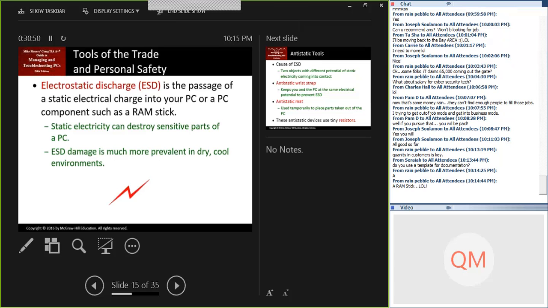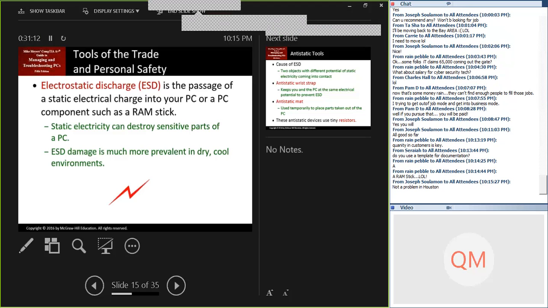So that's why in certain technology environments, humidifiers are important, because the level of humidity affects the amount of electrostatic discharge possibility. Yeah, and that's one question that comes up a lot I've seen in practice tests. Yep. Is what type of environment this takes place in. A dry, cool environment.